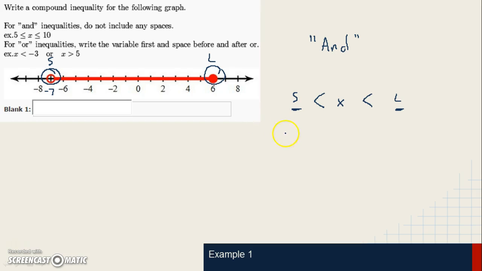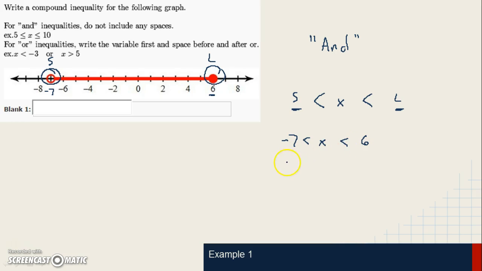So I'm going to go ahead and write -7 is less than x. If I read this from right to left, x is greater than -7, which we already knew because we knew that x would be greater than our smallest value. Now if I look at my largest value, and it seems like my largest value is 6, I can say that x is less than 6.